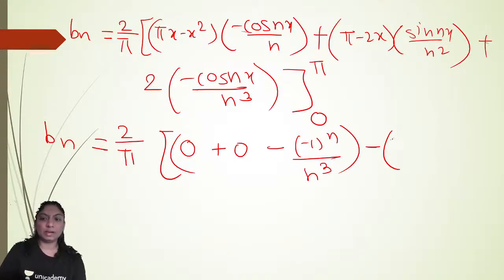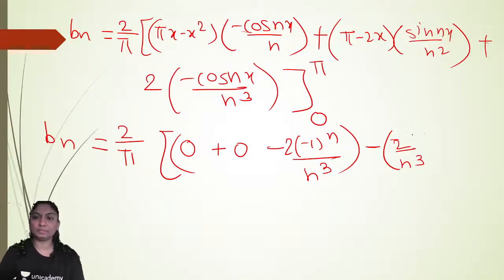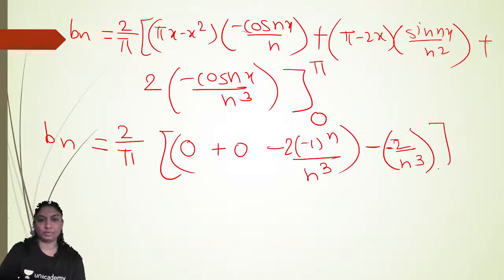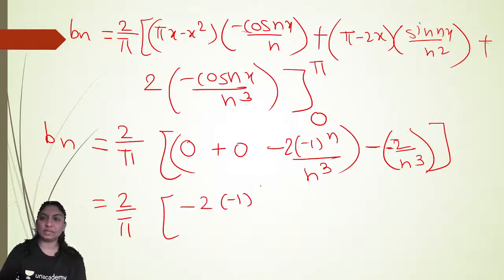So you will get minus 2 by n cube, here also cos n pi is minus 1 raised to n, 2 into. So here minus 2 upon n cube, right? Minus of minus 2 upon n cube. So you will get Bn is equal to 2 by pi, here minus 2 into minus 1 raised to n upon n cube.